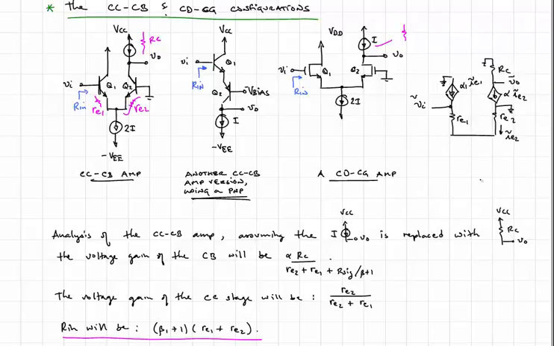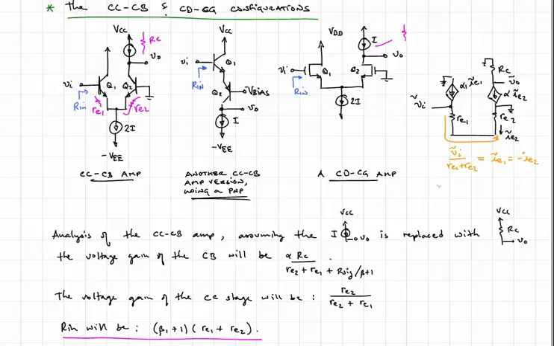Okay, so interestingly, when we look into VI here, the current flowing this way is going to simply be VI over the sum of RE1 plus RE2. And this is precisely equal to IE1, but it's equal to minus IE2.